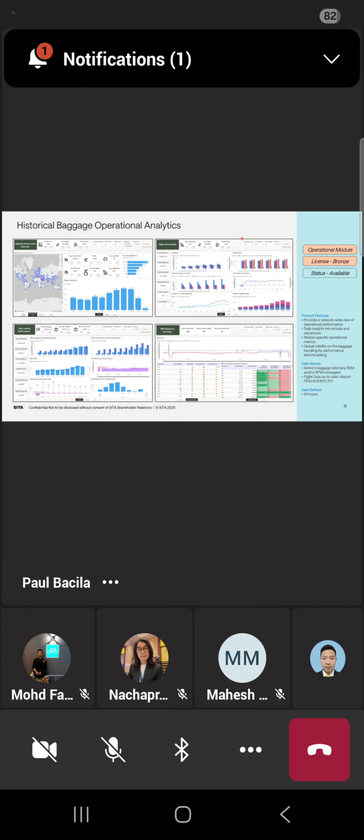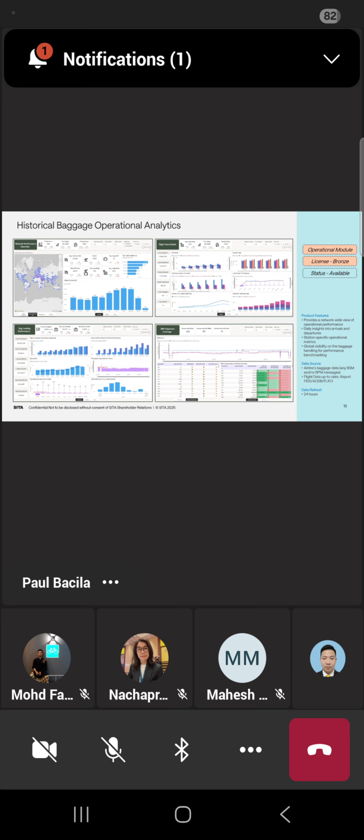This has daily refresh for the previous day, and there is a different set of features to provide the network view of your operational performance, to have station-specific operational metrics, and to have visibility on your baggage handling performance with a refresh of 24 hours. For the sake of the discussion, this is the module you'll get. So I propose, if you are fine, before I deep dive into the other modules, to really show you the features. What do you think?